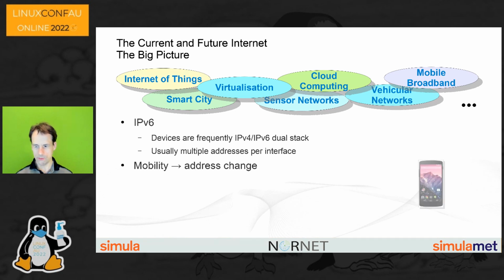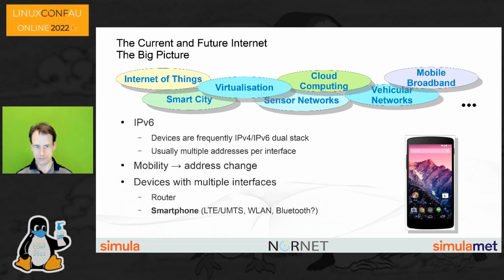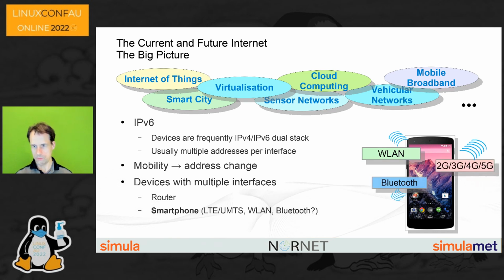And today, of course, we have also mobility. So probably everybody of you has a smartphone in his pocket. It's a quite convenient device. So if you are at home, you're using Wi-Fi. If you go outside, the device changes to, for example, here in Oslo, 5G, maybe also 4G, 3G, depending on where you are.